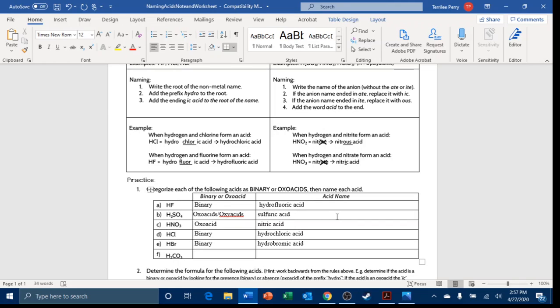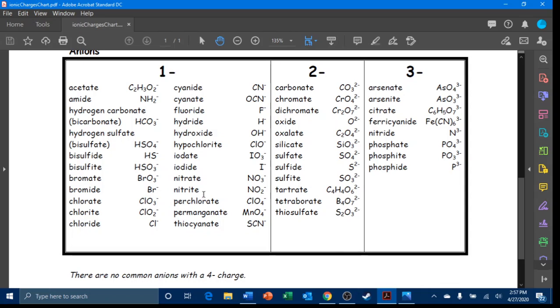Okay, one more. This one is also an oxyacid, because you have more than one, you've got this anion right here. So there's no hydro. We're going to look at the chart right here, and it's CO3 is what we're looking for, and that's carbonate.